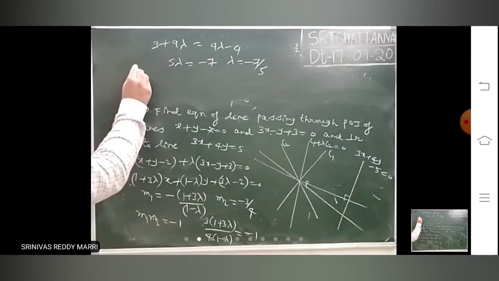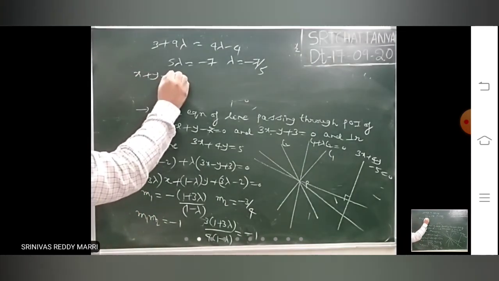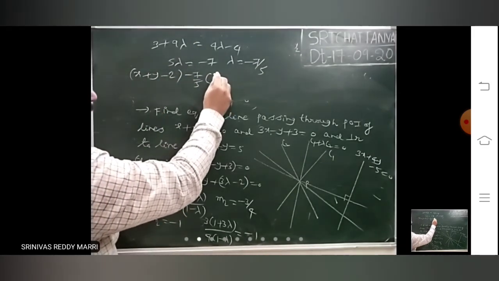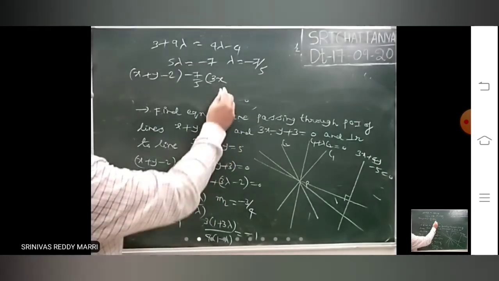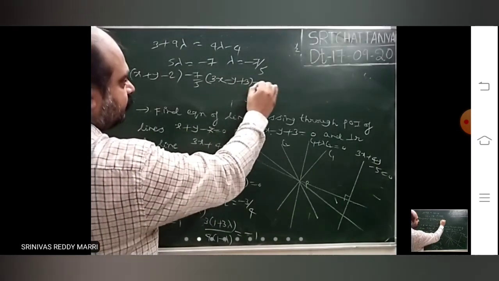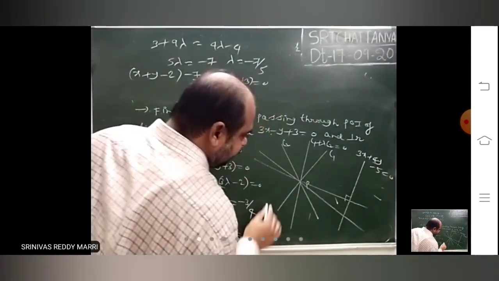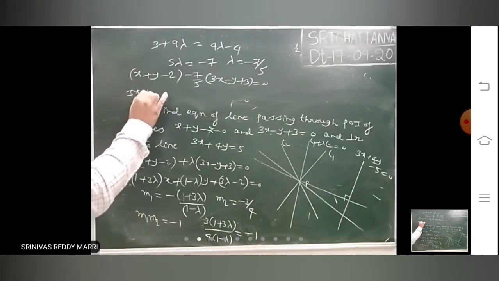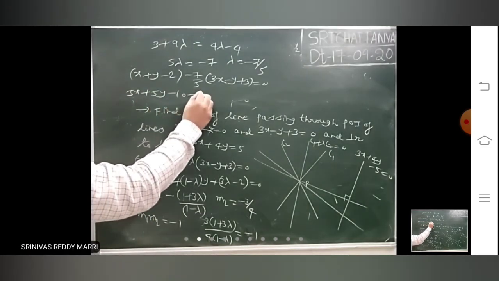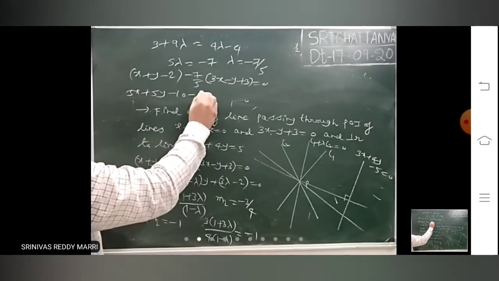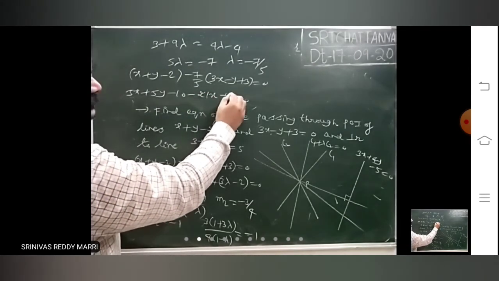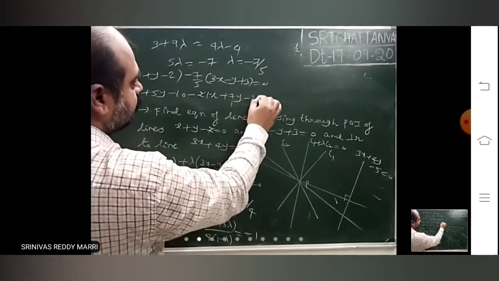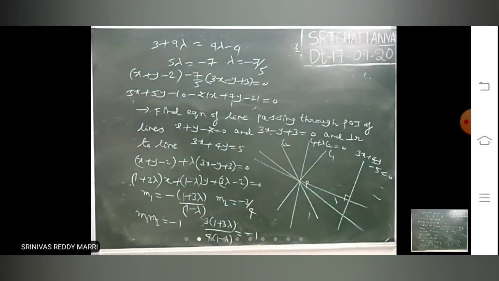So required line is nothing but x plus y minus 2. Substitute lambda here, or here also, no problem. So in this particular line, there will be a unique line now because you got only one value of lambda. That means you will get 5x plus 5y minus 10 minus 21x plus 7y minus 21 equal to 0.